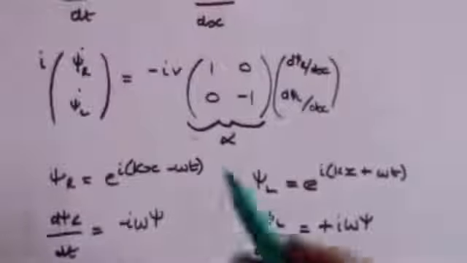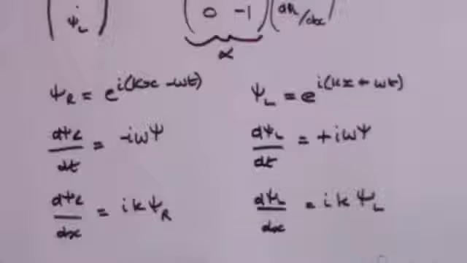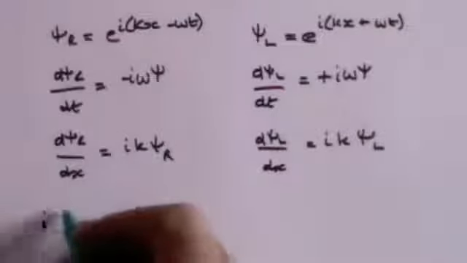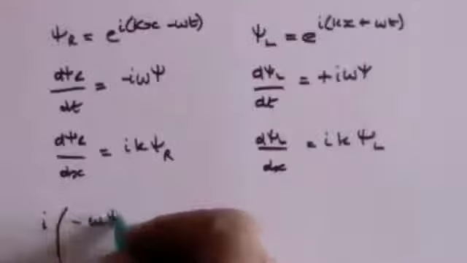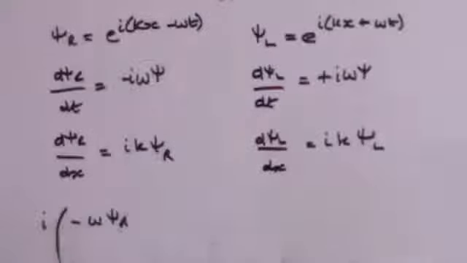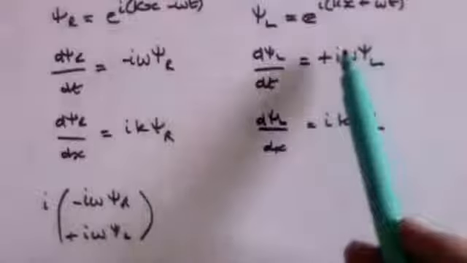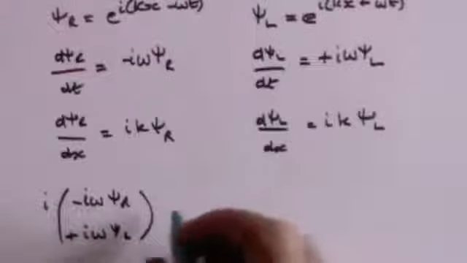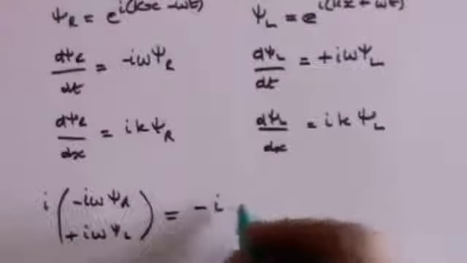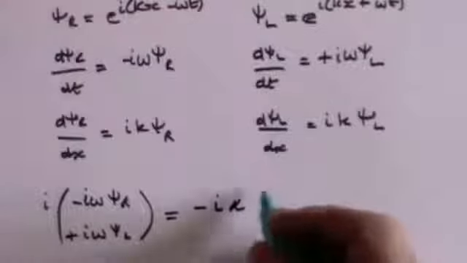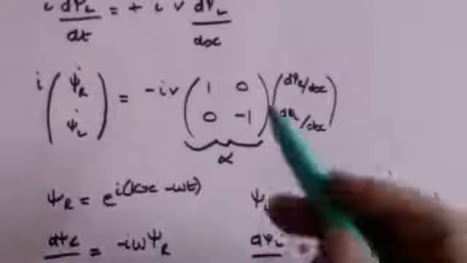So if I rewrite this formula here, but putting in these terms as substitutes, I'm going to get that i into minus i omega psi right and plus i omega psi left, which is this term here, is equal to minus i alpha, because alpha, remember, is the matrix.